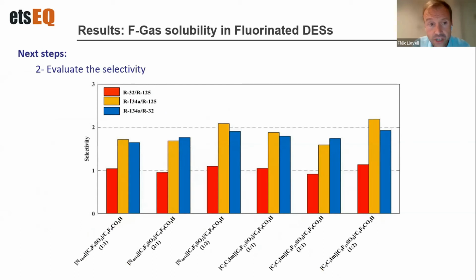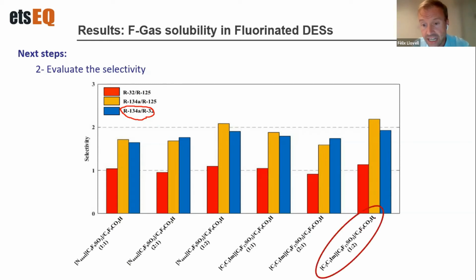In this case, we are checking the capacity to separate these 3 compounds. The one that you saw right now, R32 and R134a, corresponds to the blue atom. And here you can see the 6 DES combinations, changing the ratio using the 2 different DES.